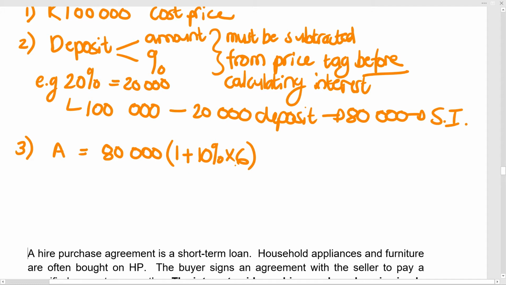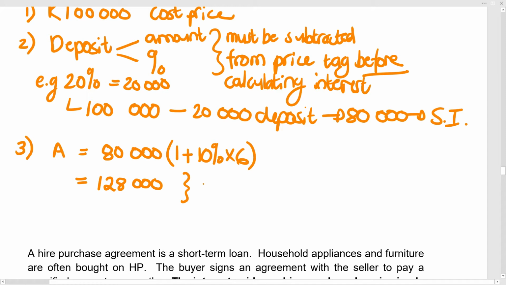Once we put that into the calculator, we'll know how much you owe right at the end of the 6-year period, which is 128,000 Rand. What that is made up of is not the deposit, because that had to be subtracted, because a deposit is an amount you don't pay any interest on.